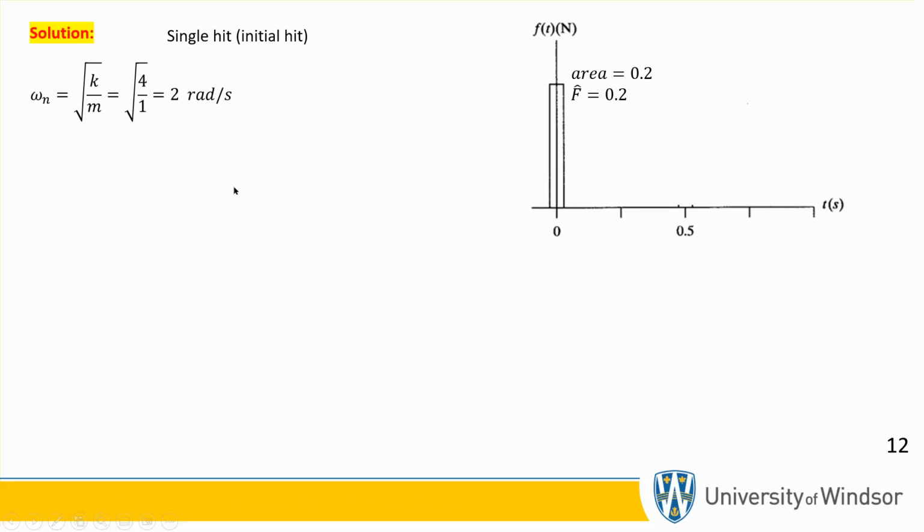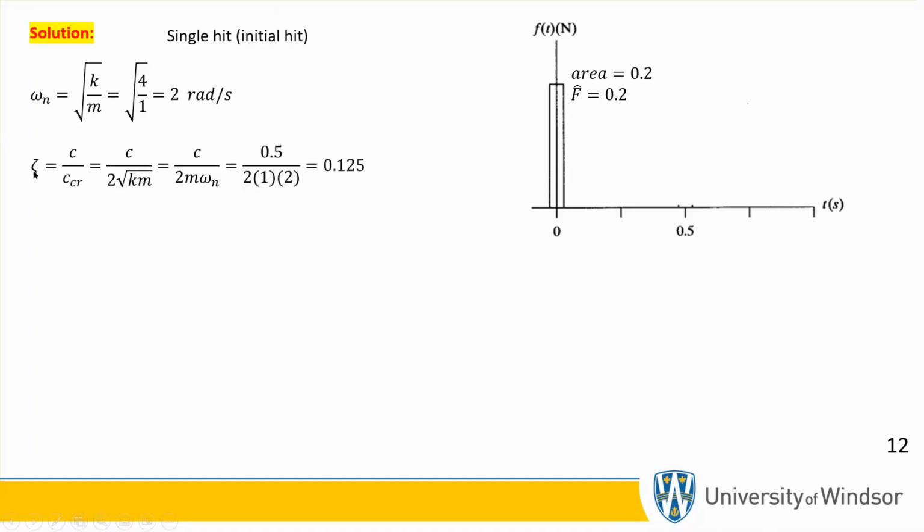First of all, we know what the response after the initial hit is. The response is going to be the impulse response function h of t times the magnitude of the impulse, f hat. For that first hit, the area under that curve was 0.2. So we do need omega n.